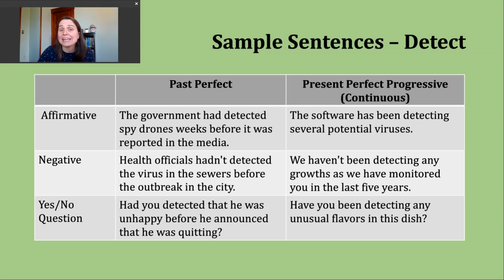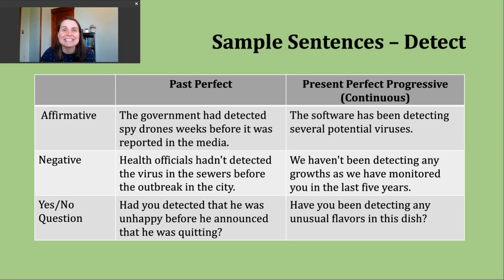You might also hear or see the contraction hadn't used. An example of this: health officials hadn't detected the virus in the sewers before the outbreak in the city. This is kind of an unpleasant thing to think about, but it does happen a lot where our sewer waters are monitored for the existence of certain viruses.